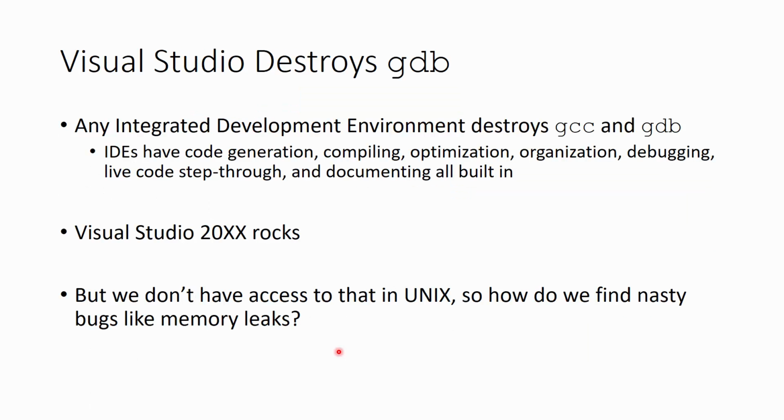Okay, so Visual Studio and pretty much any other integrated development environment is going to be way better than GCC and GDB combined. So the really good IDEs will have not only the code generation, which includes automatic completion of names and whatever the namespaces that are in. It can match up curly braces, from start to finish.